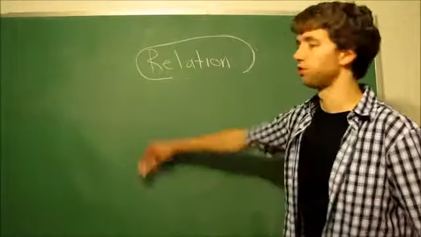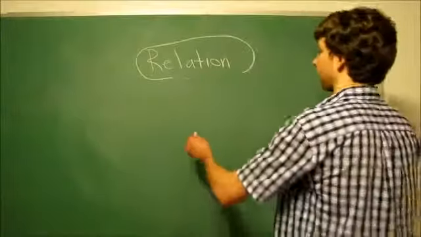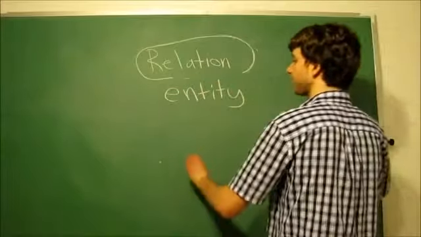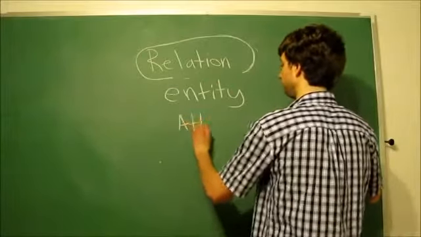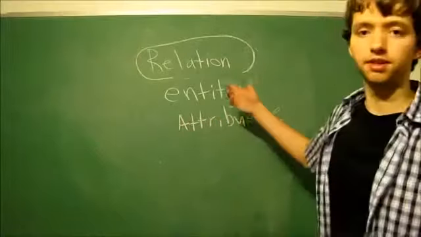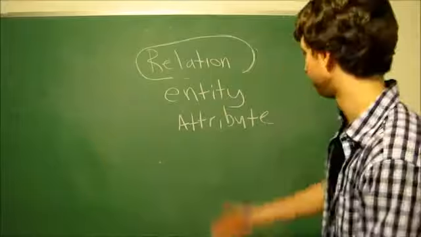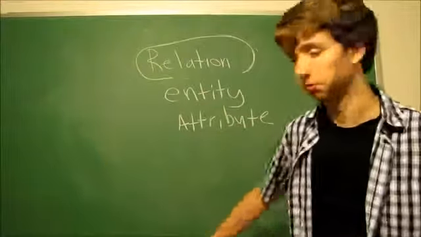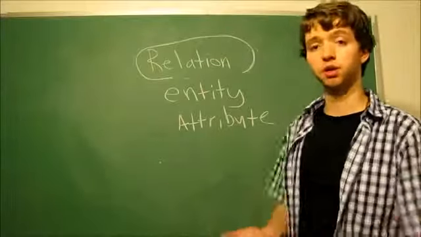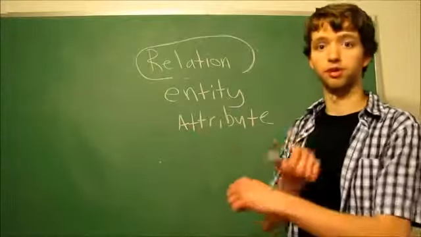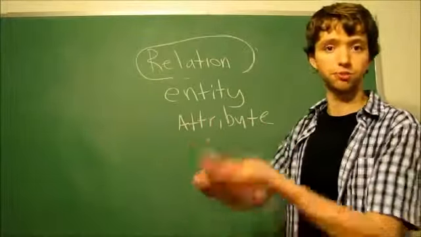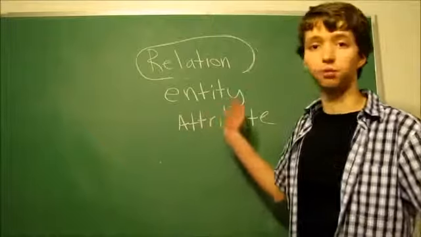First, you need to know two terms. The first one is an entity. The second one is an attribute. An entity is anything we store data about. Attributes are the things that we store. So if an entity is a person, an attribute would be their name, their username, their password, their hair color, their address, their phone number, their relationship status, the person they're in a relationship with, the orders that they've made, or whatever it is.